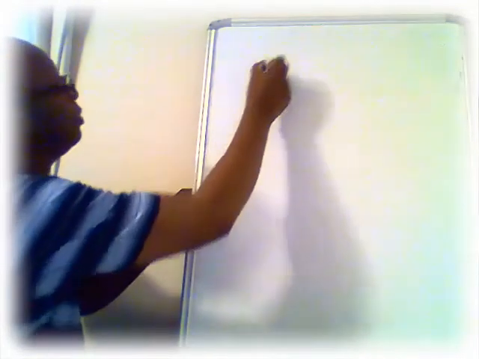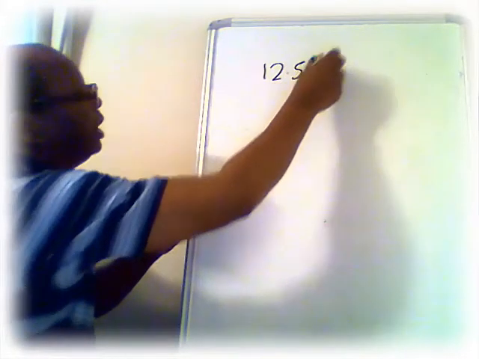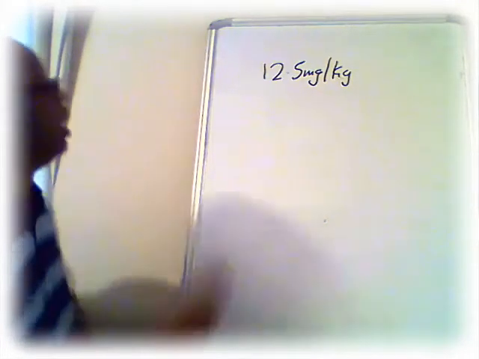All right, so the first question says, a patient is prescribed erythromycin 12.5 milligram per kilogram body weight. That's what the patient has been prescribed.